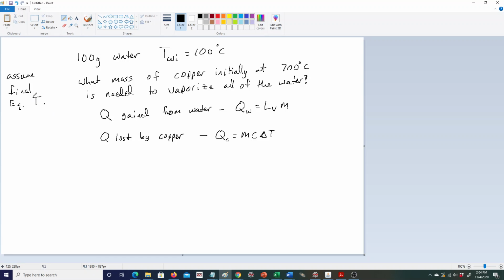Okay, I'm going to assume that the copper, all of the copper, goes down to the temperature of the water that just vaporized, or 100.